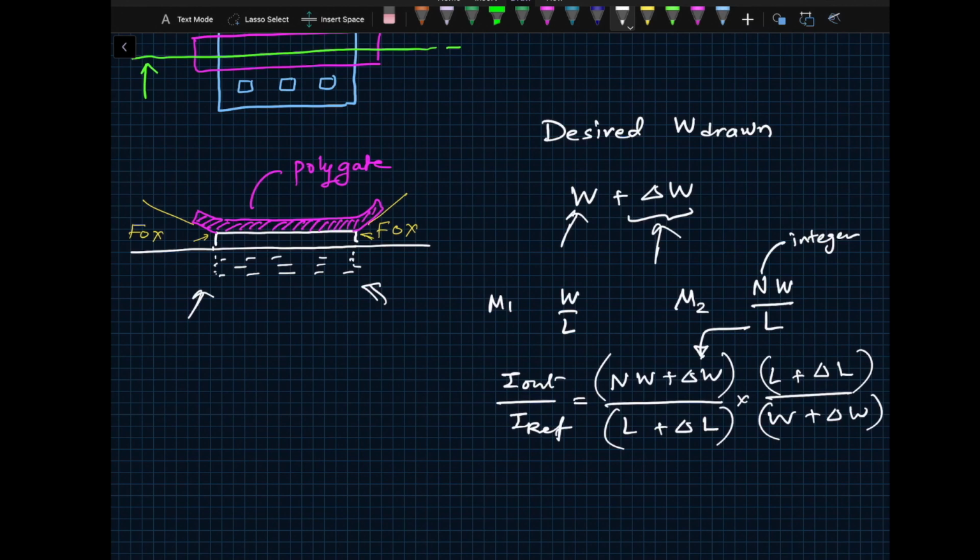So you will still have the same variation for a single unit W or an N times larger width. You can immediately see we are going to get NW plus delta W divided by W plus delta W. So this would be the scaling that you're going to get, and obviously it's not exactly the N that we decide.